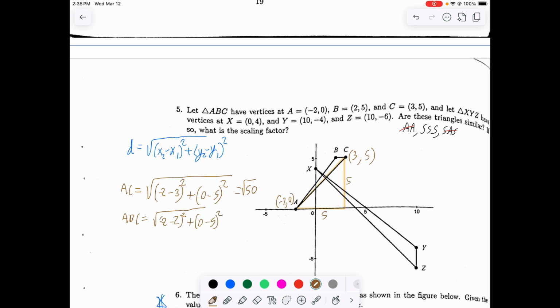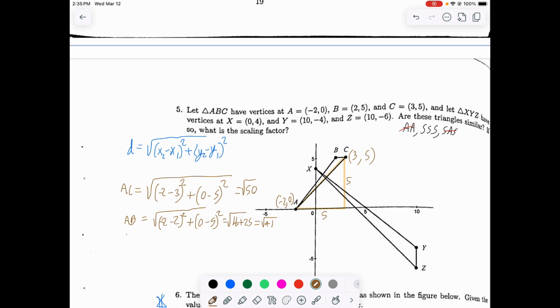Okay, -2 minus 2 is -4, so this becomes the square root of not -4, but -4 squared, which becomes 16, plus 5 squared, which is 25. So this is equal to the square root of 41. Very nice. That's AB.